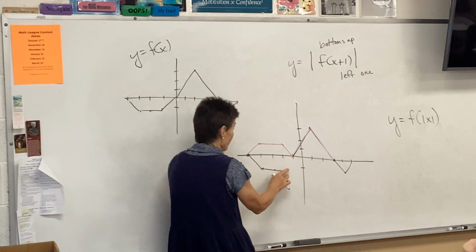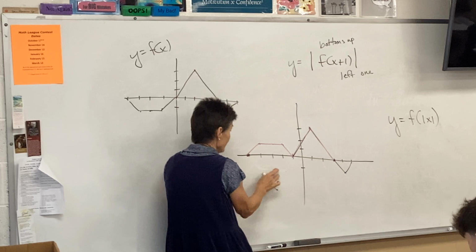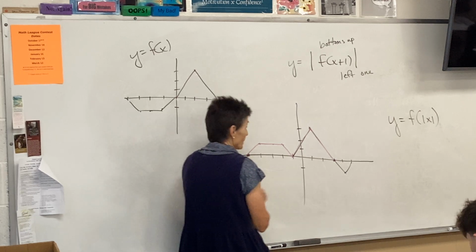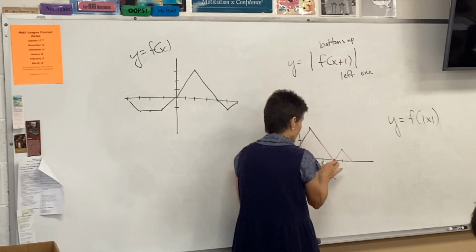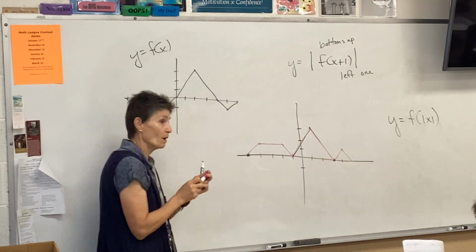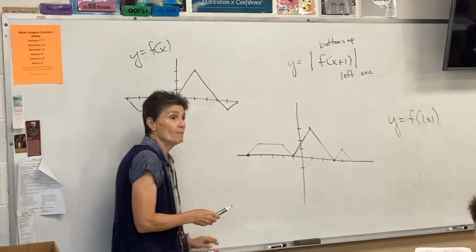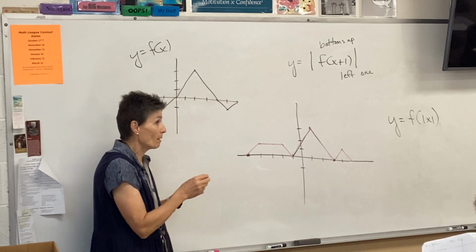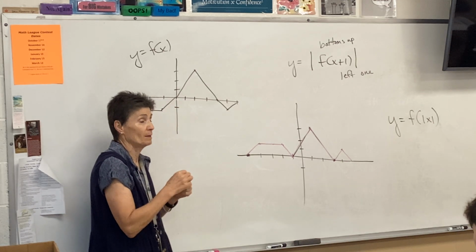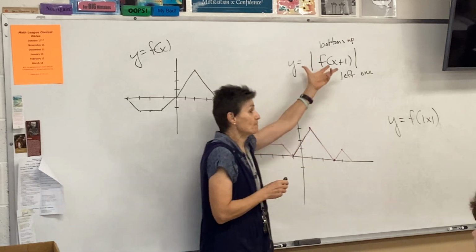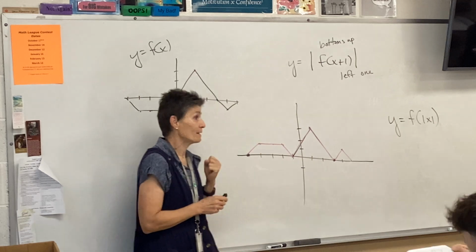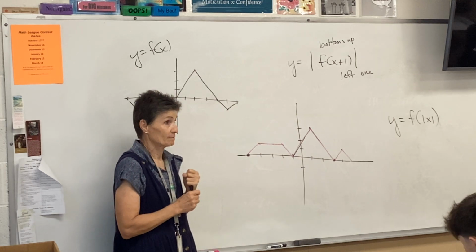This is a flip only of the negative parts. So this guy has to flip up too. If we wanted to flip the whole picture, then we would put a negative in front of the problem. A negative in front of the problem flips the whole thing. If we're absolute valuing, we only flip the bottom parts.